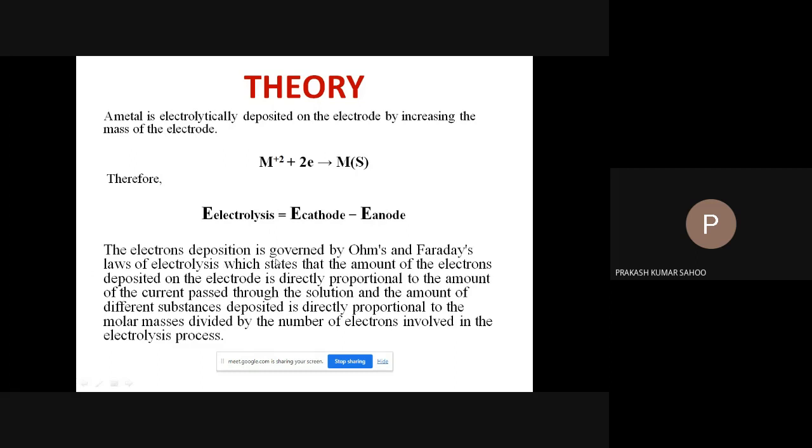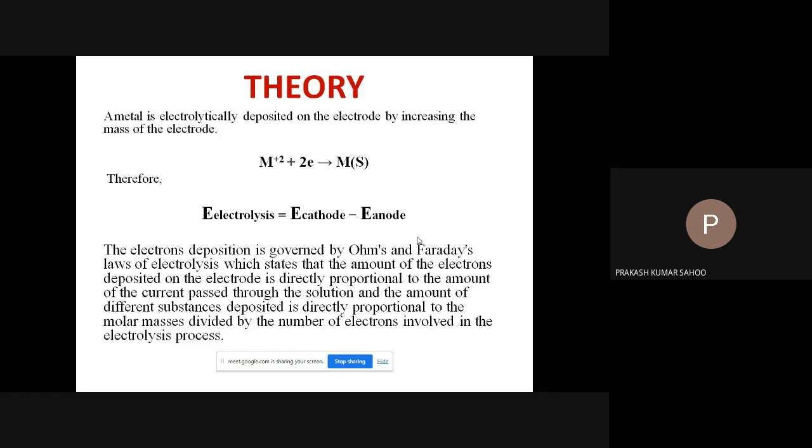The electron deposition is governed by Ohm's and Faraday's law. That is, in Ohm's law, V equal to IR. And according to Faraday's law, the amount of substance deposited or liberated during electrolysis is directly proportional to the amount of current or amount of electricity passed through it.